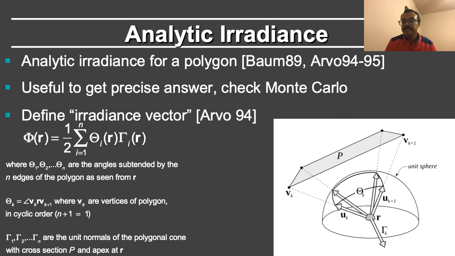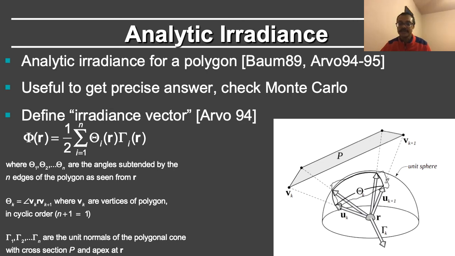Arvo defines something known as an irradiance vector. I'll go over it slowly. We can have this diagram, which is from Arvo's paper. You have a polygon. You are projecting it onto the surface of the sphere. Within the sphere, you have this spherical polygon that is traced out.